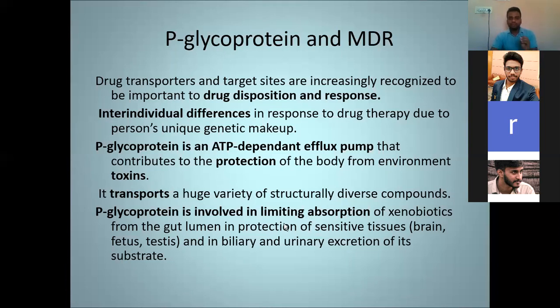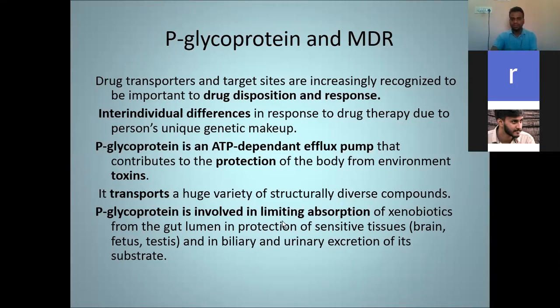So many of the interactions that you have seen were happening at one of these sites. Again, every individual is different, and because of polymorphism, the amount of the drug target or the transporter differs. This is the general introduction of P-glycoprotein and where it's present. But let's also see what it does. It is an efflux pump.